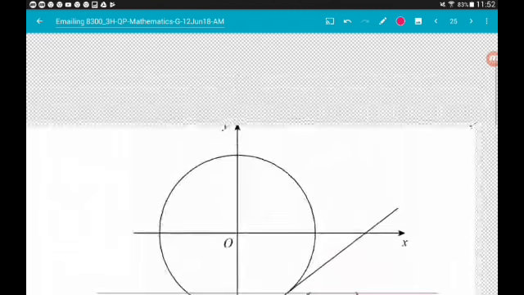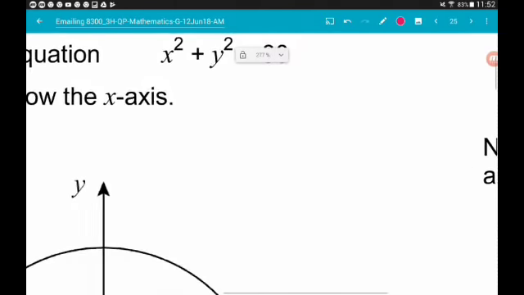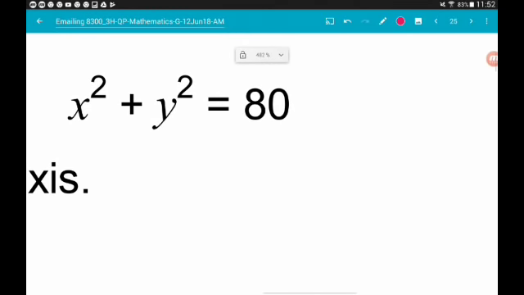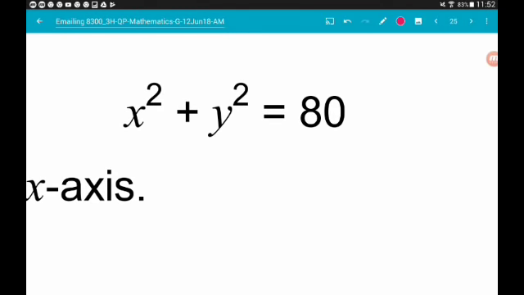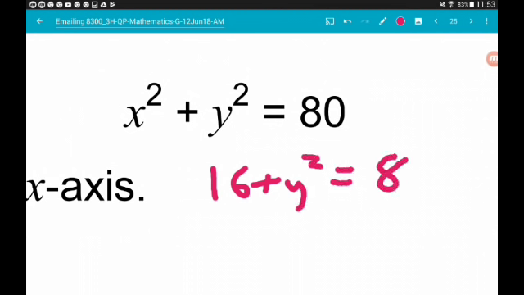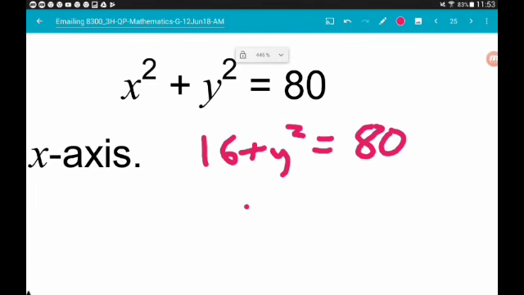So what we're going to do to find the y coordinate is substitute x equals 4 into the equation of the circle. So we get 4 squared, which is 16, and y squared is equal to 80. Take away the 16, y squared is 64.